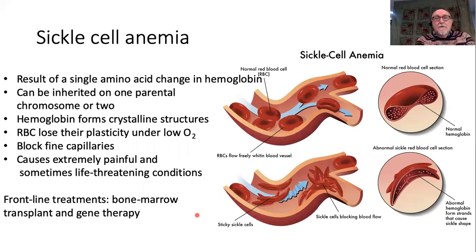Now, the one condition that I do want to spend a little time talking about is another form of anemia called sickle cell anemia. Sickle cell anemia is of particular interest in African American populations.